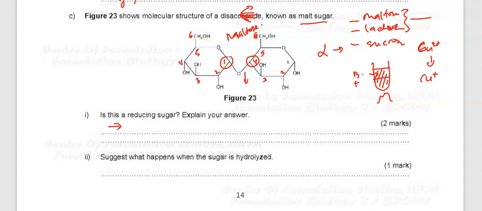Like I've mentioned, if your food sample contains reducing sugar, it changes the blue color of Benedict reagent from blue to brick red precipitate, or other range of color. The color can change from blue to green, or from blue to orange.